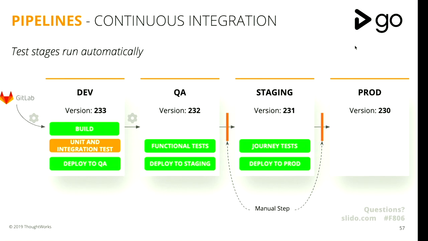When there are some changes, we can configure the pipeline to trigger automatically to poll GitLab for changes, and then it runs the automated build, automated unit and integration tests at this point, and then it can automatically deploy to the QA environment. What we've got here are some manual steps, which we can also have on the pipeline.